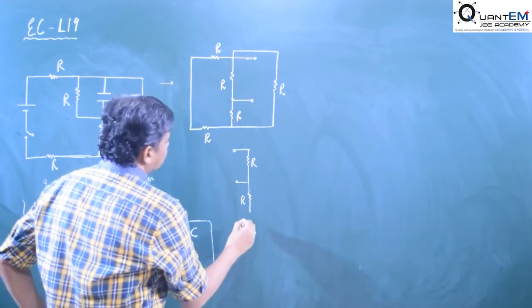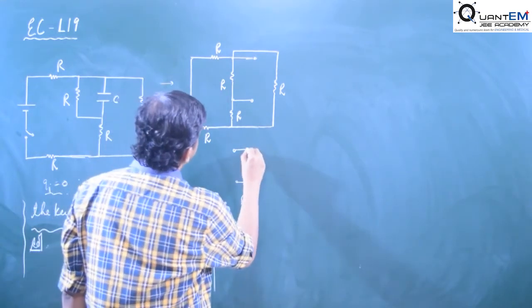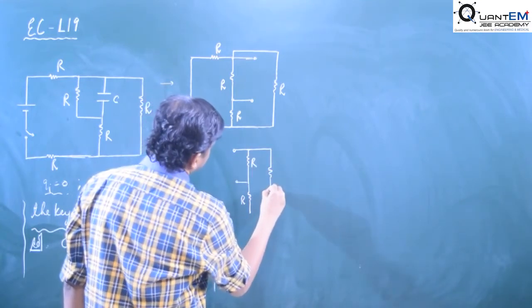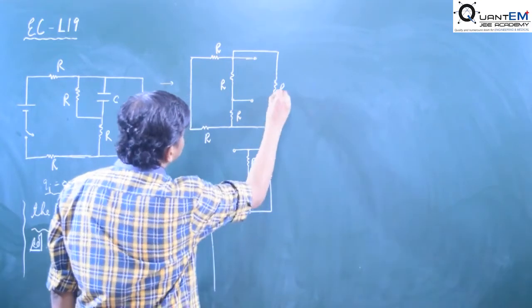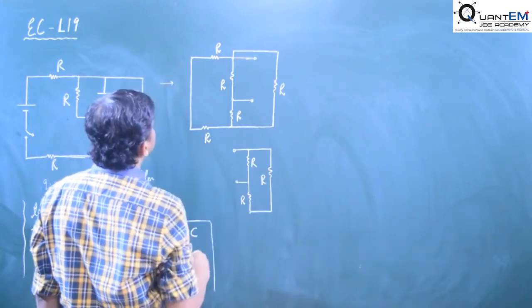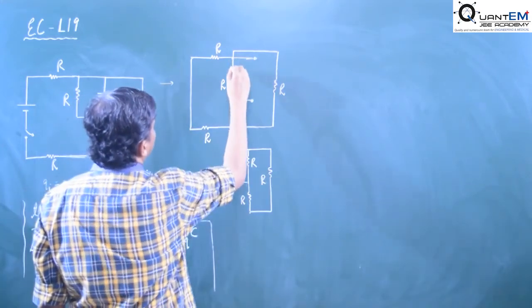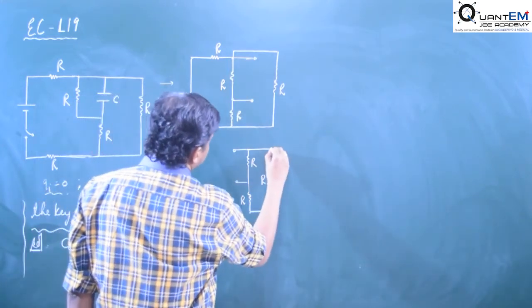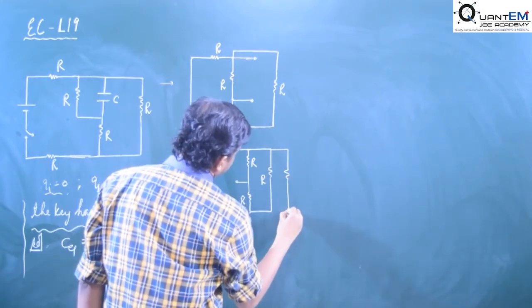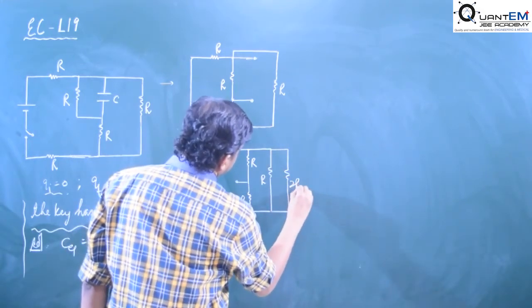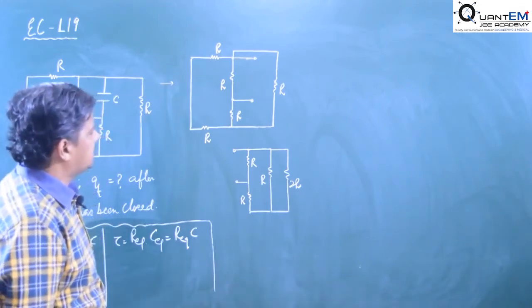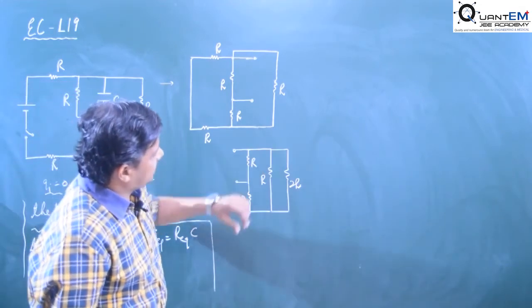This resistance is also R. This resistance we have R, and about these 2 points we have resistance 2R. Now see, these two resistors are in parallel.